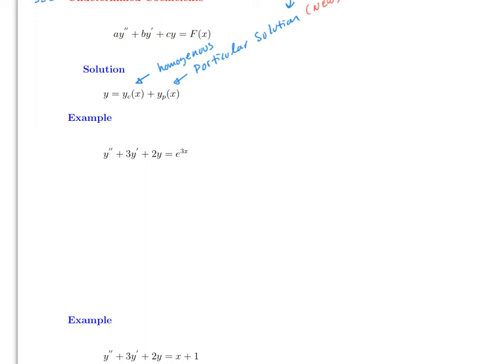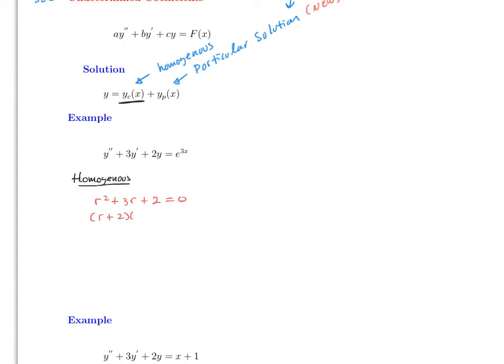All right, so let's do an example, and you'll see that it's actually not that bad. So first, we're going to do the homogeneous part, which is this part right here. And this is exactly what we did in the last section. So first, we need the characteristic equation, which is r squared plus 3r plus 2 equals 0.